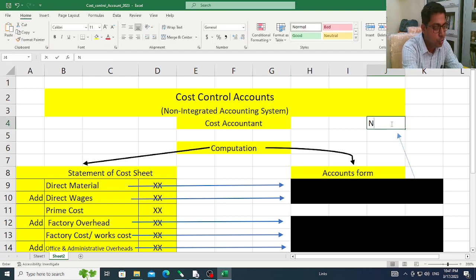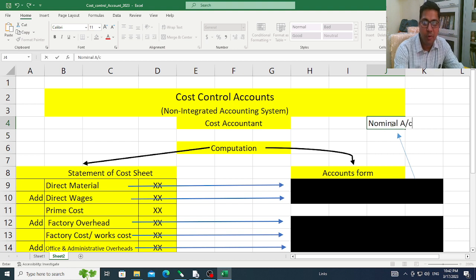Now friends, nominal account. But what does nominal account mean?